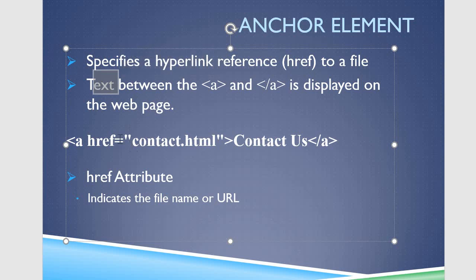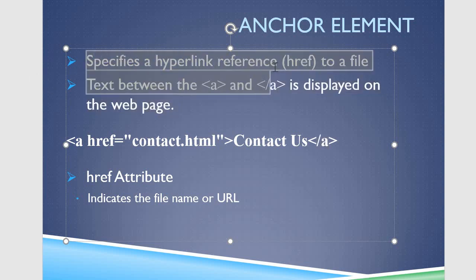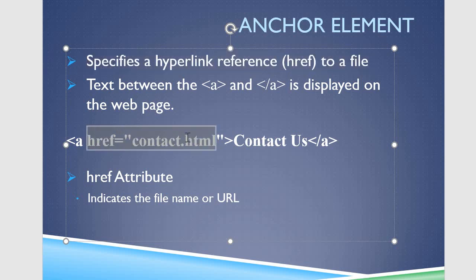See, there is a text between the opening anchor and closing anchor. Two properties of the anchor element. First, it specifies a hyperlink reference to a file. That is the first function or property of the anchor element.